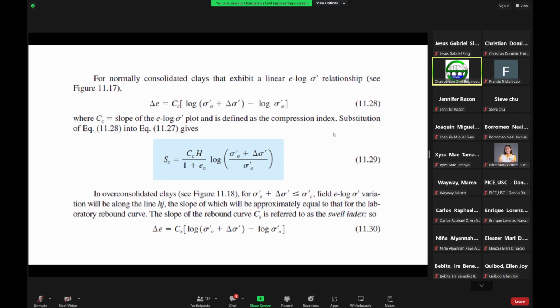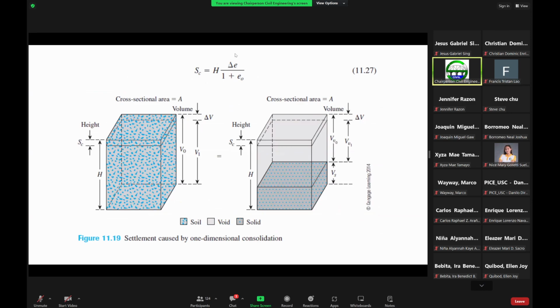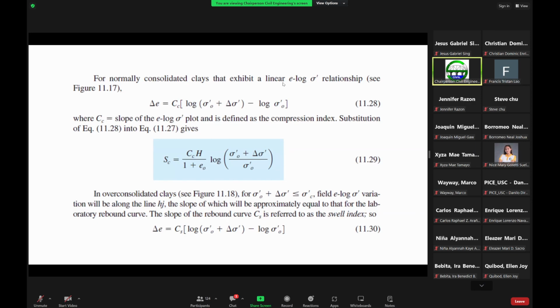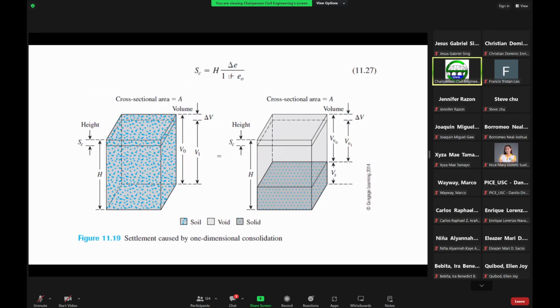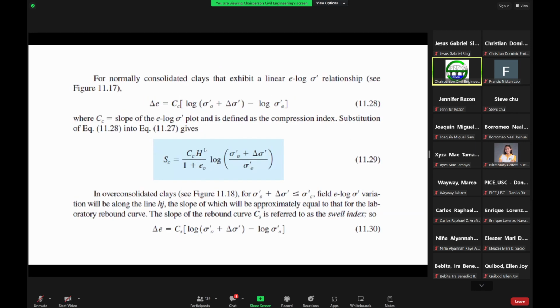So if we now substitute this equation here, we replace it here in this delta, the change in the void ratio, then we now have your C sub C, that's your C sub C. Then you have your H over 1 plus E sub O, that's this one.